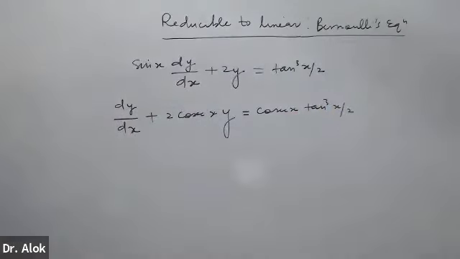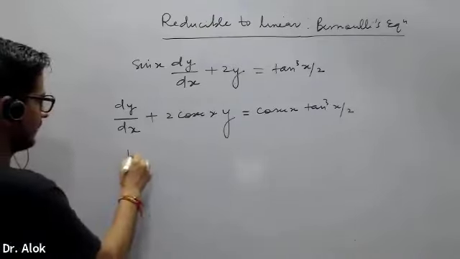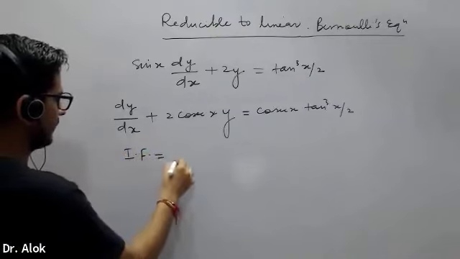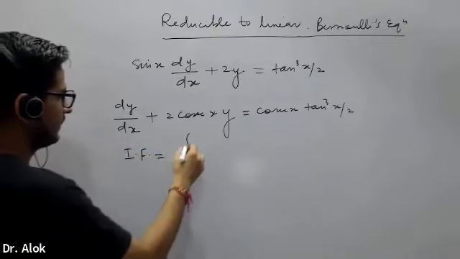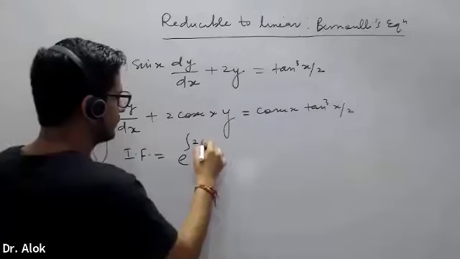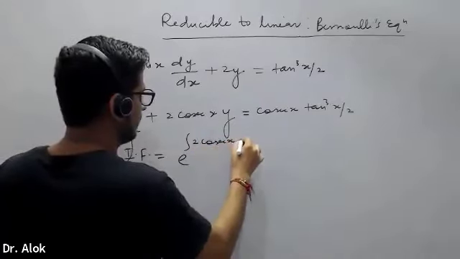Now let us calculate the integrating factor from this. The integrating factor will be given by e to the power integral of 2 times cosec x dx.